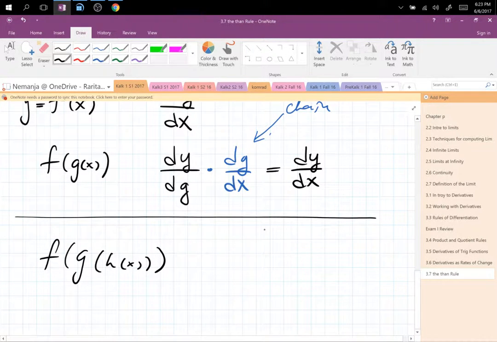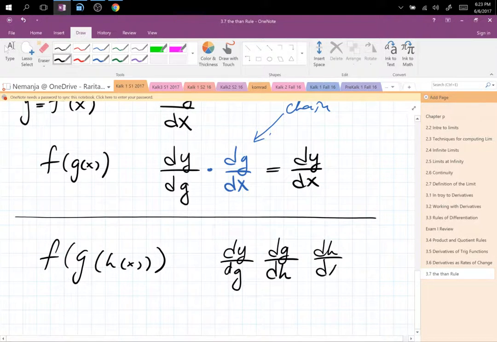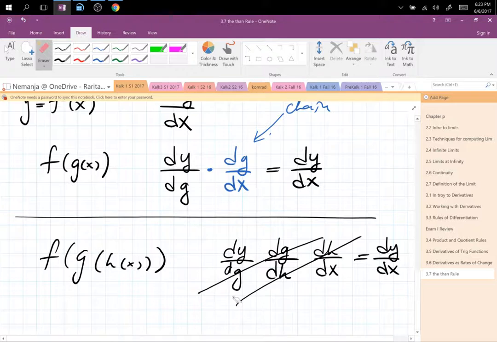Well, the derivative would say dy over dg, and then we have dg in respect to dh, and then finally I have dh dx. So the innermost function is the one that gets the regular derivative we learned before. And now if you look at this, the g's die, the h's die, and you're left with dy dx.